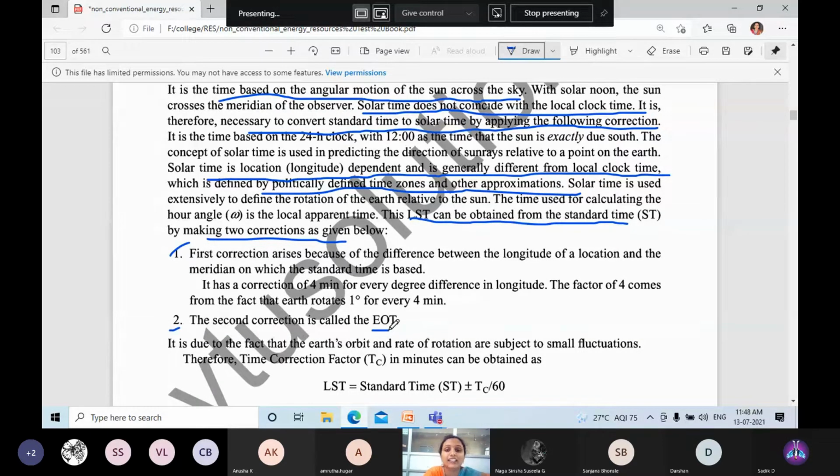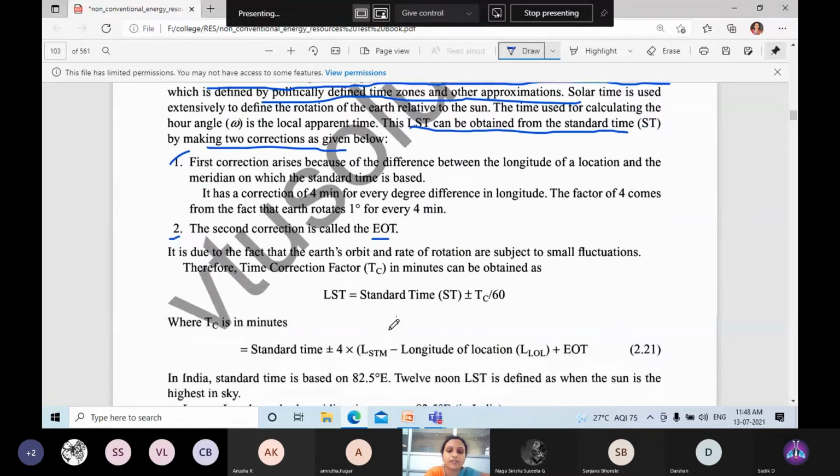It is due to the fact that the Earth's orbit and rate of rotation are both subjected to small fluctuations.